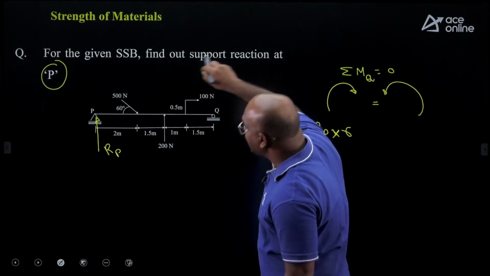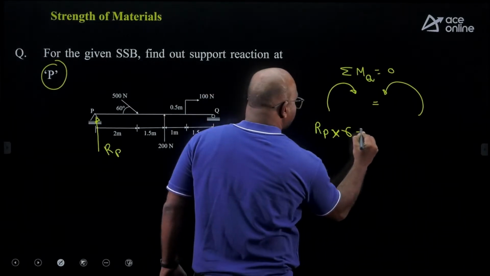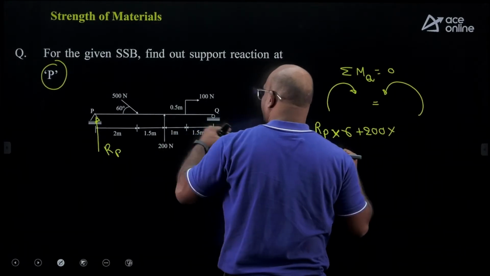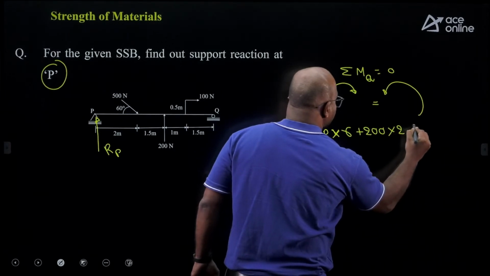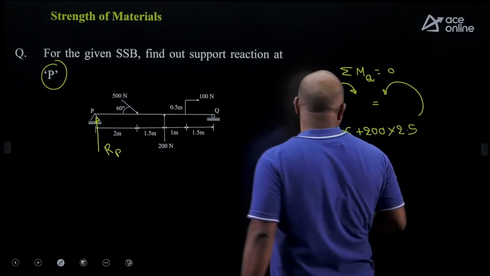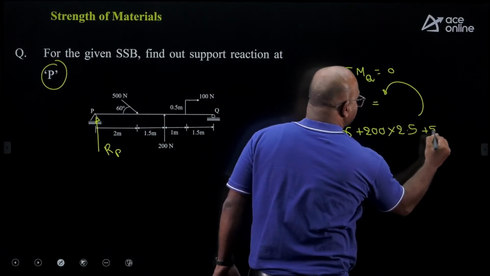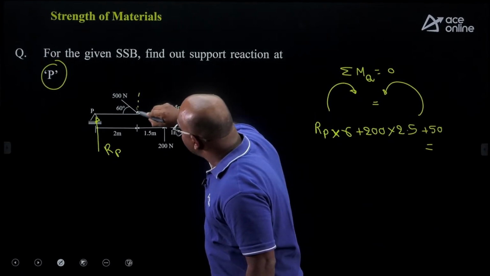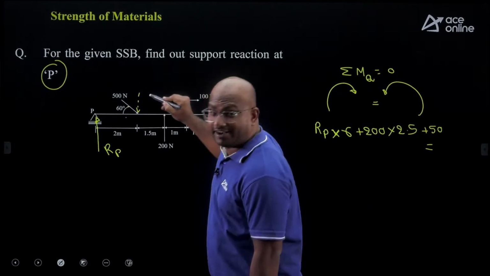Next, 200 will give you clockwise, plus 200 into how much, guys? 2.5. Next, this 100 is going to give you again clockwise, 100 into 0.5, 50. Must be equal to 500. If you can resolve, my dear students, 500 cos 60, 500 sin 60.